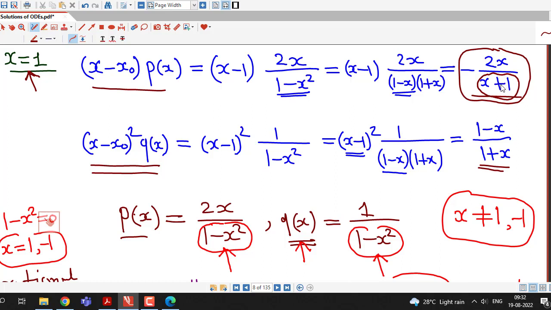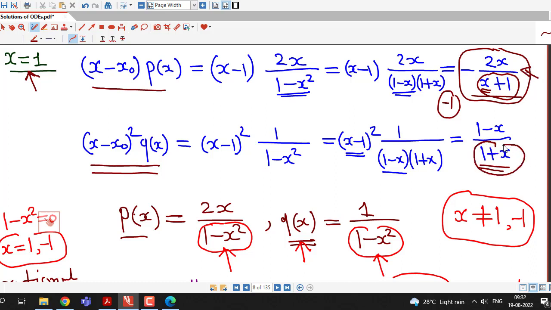Here denominator is x plus 1, and it becomes 0 at x equal to minus 1. At x equal to 1 there is no problem. If we take x equal to 1, it is 1 plus 1, 2. So this function is analytic at x equal to 1.